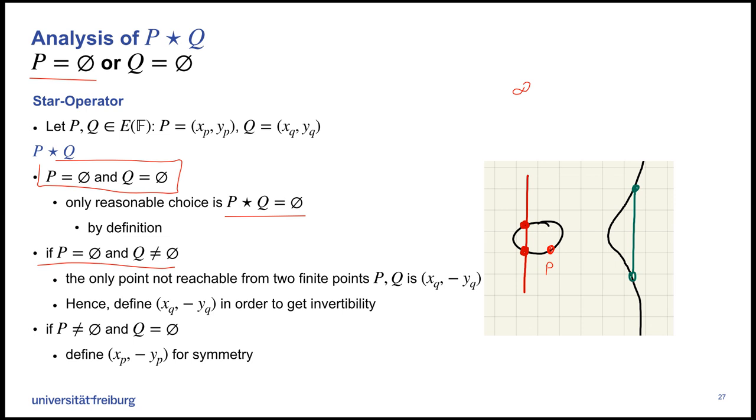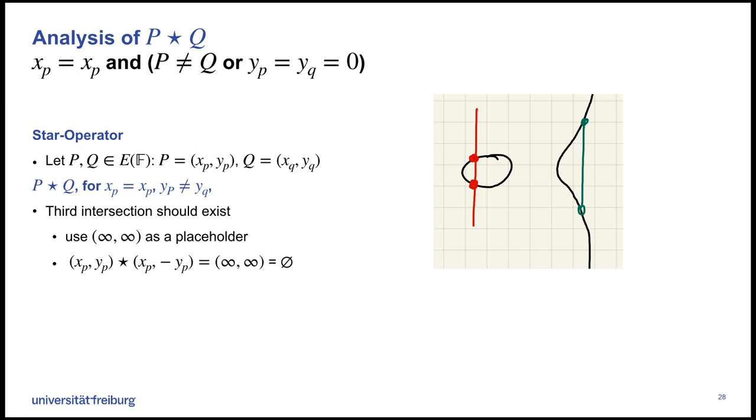You find out that you can always find other points, but the only point that you cannot hit with the other points is the point on the opposite side, which is the point which has a negative y coordinate. So you somehow have a hole that you cannot reach, and that's why you would define that P star infinity produces this hole on the other side, this point. That's why we come up with this value, because it's the only place that we cannot reach. And for symmetry, you do also the other way around.